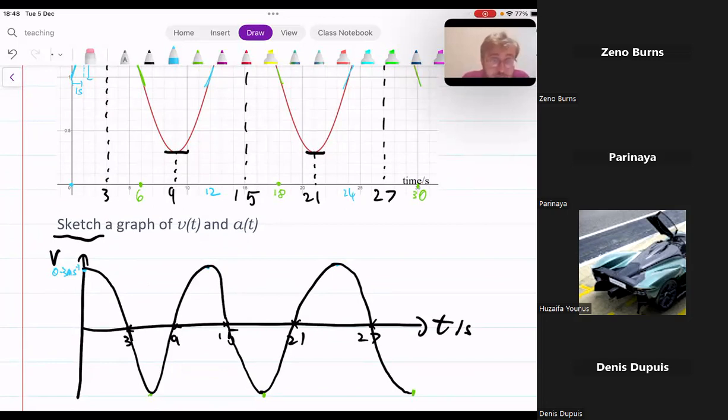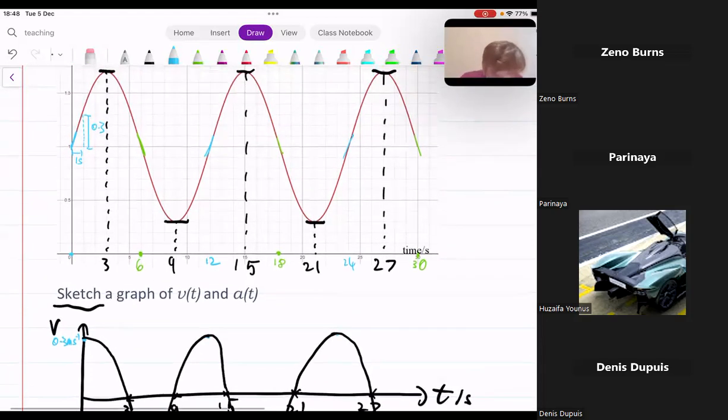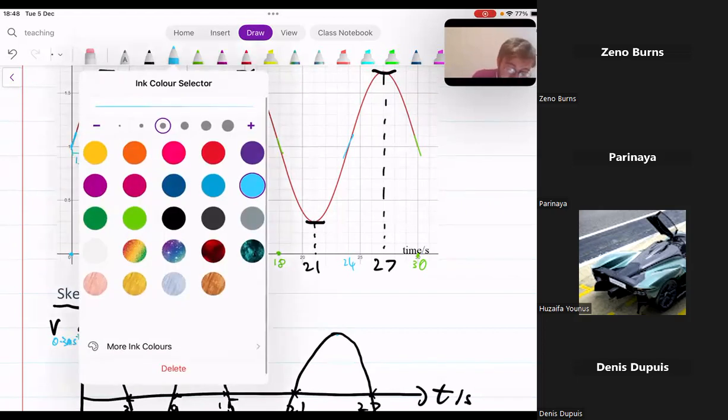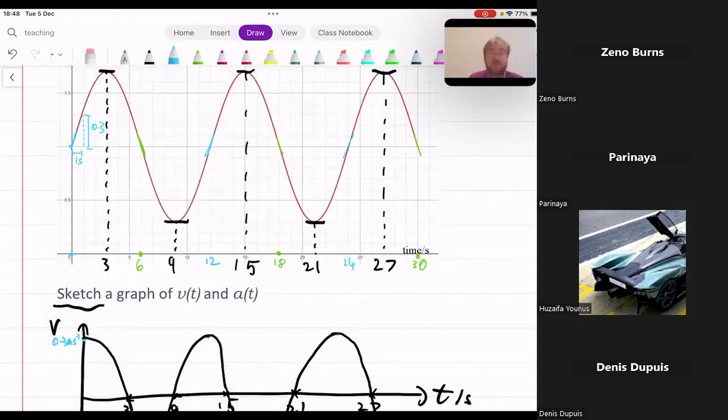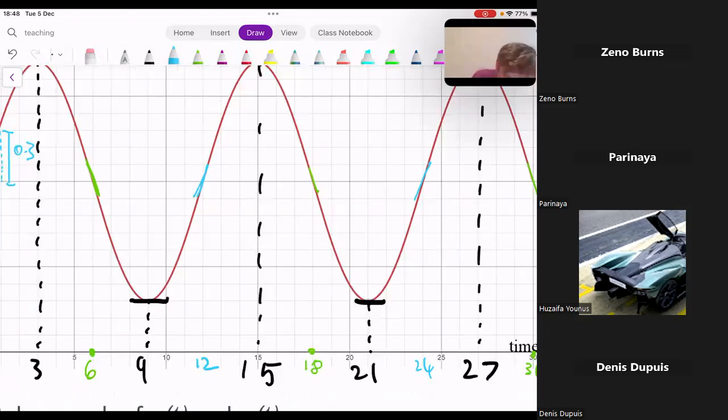Someone's just asked, why did I pick that very first point? I didn't have to. Well, in order to work out the maximum velocity, I would have had to pick a point around either one of the blue dashes or one of the green dashes. I chose one of the blue because it's positive. You could have done the green and it would have been exactly the same. Then if we zoom in, I see that it roughly lines up with the grid here.